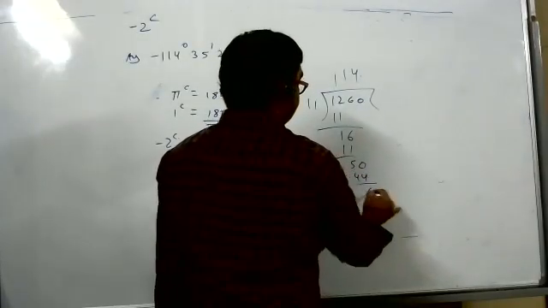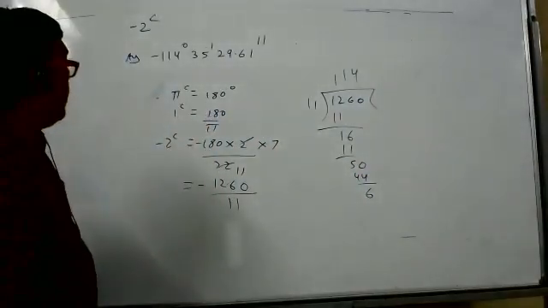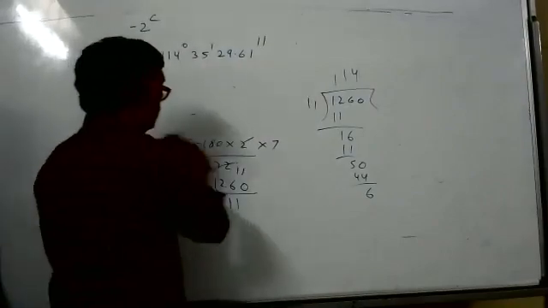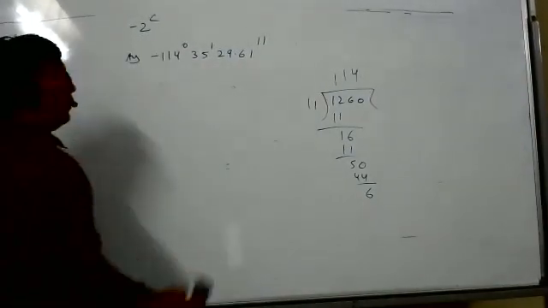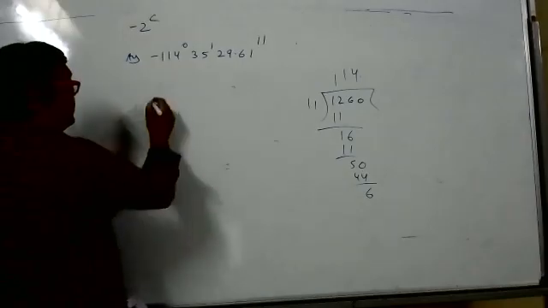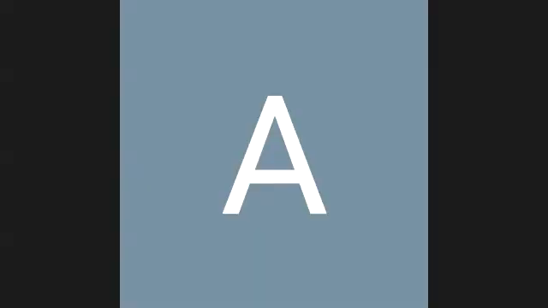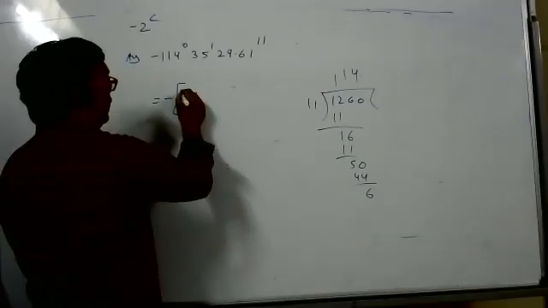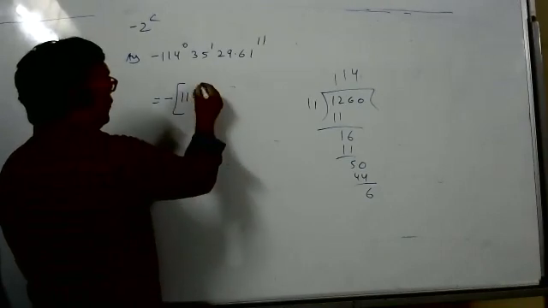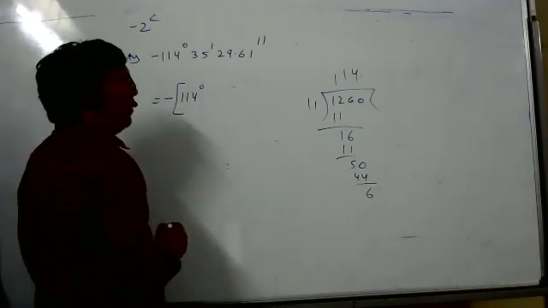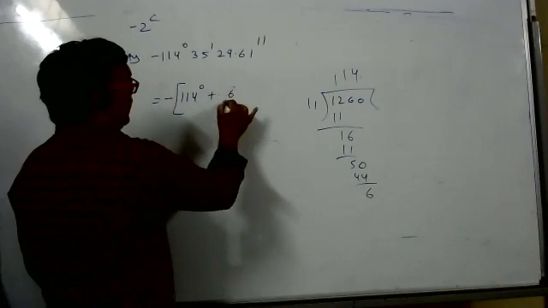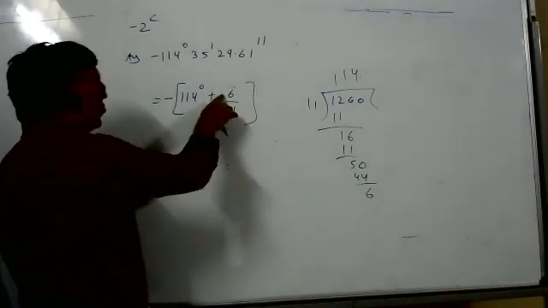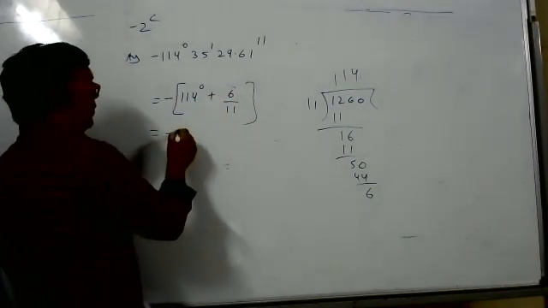Now what should I write? Tell me, one of you. Minus 114, then plus 6 by 11. This also will become negative, so the minus we will keep outside only.